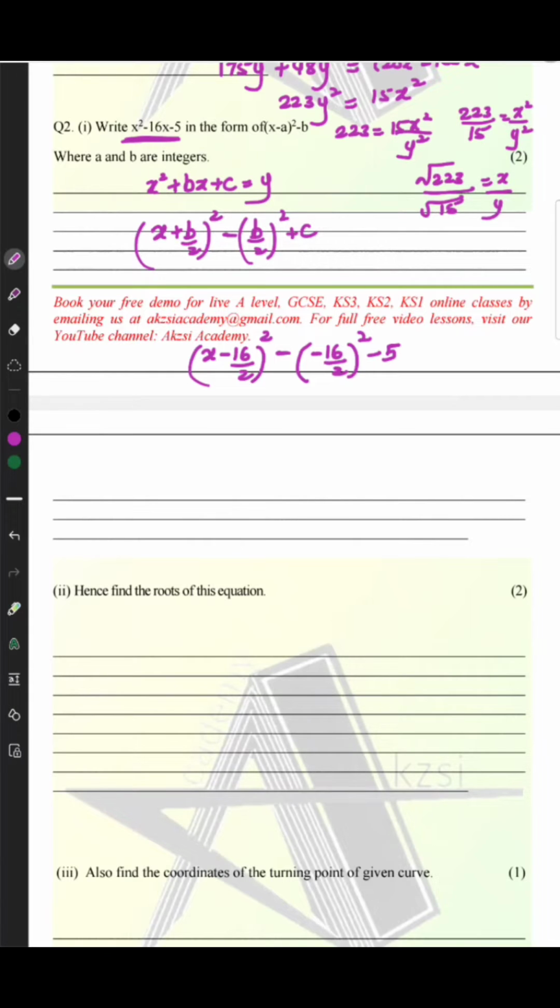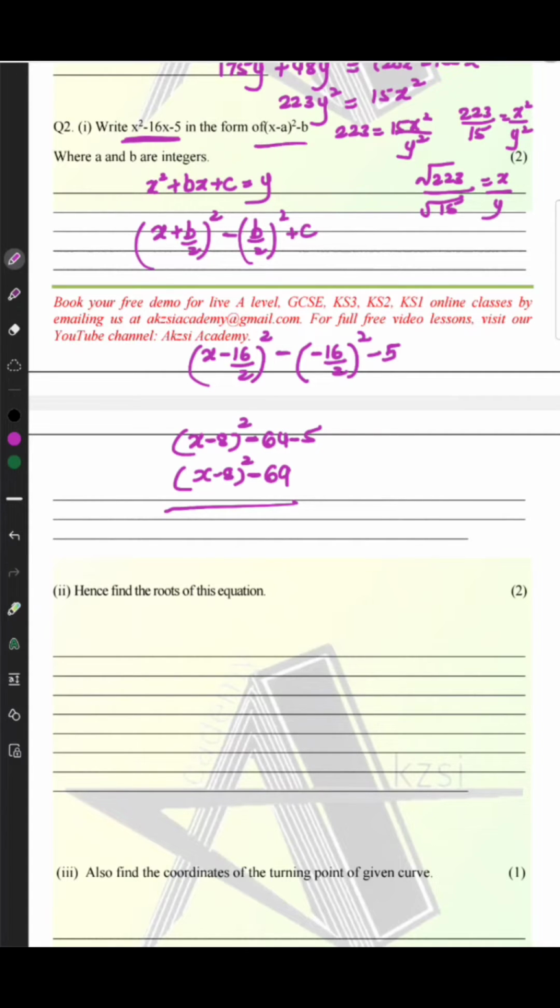Then this will become (x minus 8) whole squared minus, and this is 8 squared, which is 64. So that will give me minus 64. Obviously this inside will become positive, and the minus will be outside, so that minus will remain intact, and minus 5. So it will be (x minus 8) whole squared minus 69.